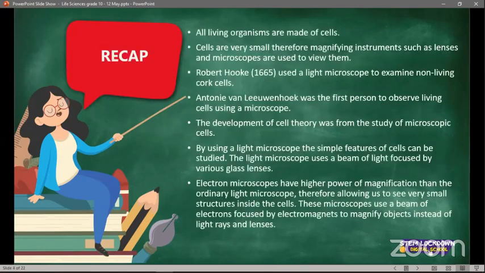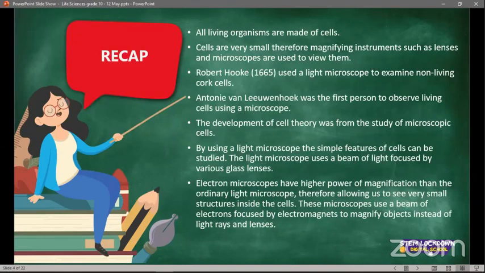Now, just to quickly recap, as I said yesterday, we started off with microscopy. We mentioned that all organisms are made up of cells, and cells are very small. Therefore, magnifying instruments such as lenses and microscopes are used to view them. Remember, we said that cells are not macroscopic, but microscopic because we cannot see them with our naked eye.